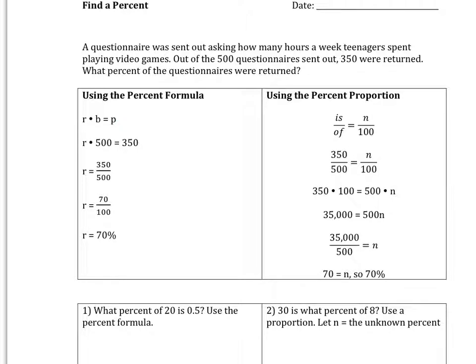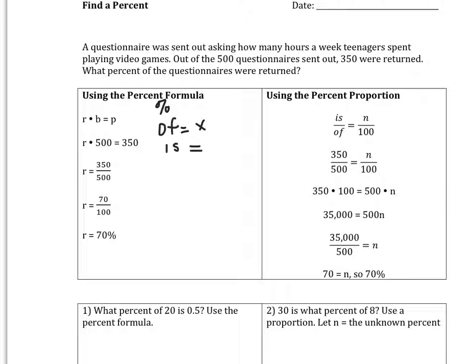When breaking down word problems, we can turn the words into math symbols. Percent is our percent symbol. The word "of" usually means multiply, and the word "is" means equals.